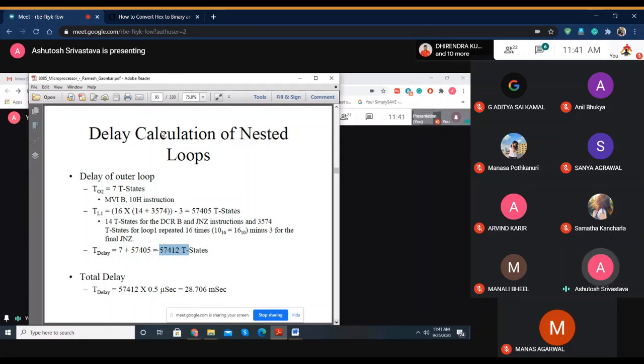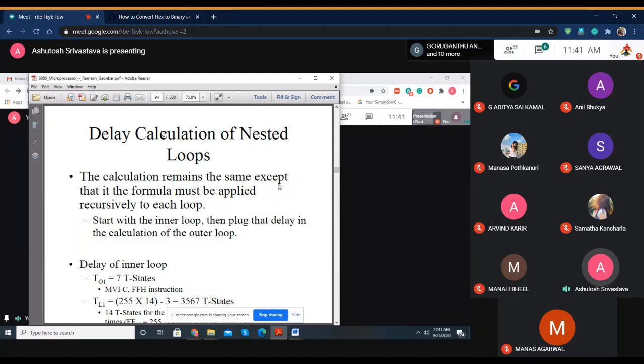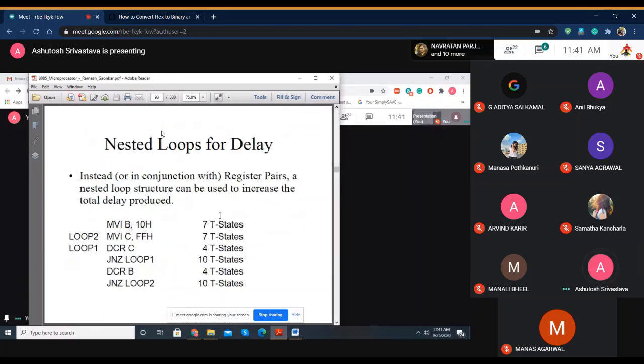So now if I change this value, let's make this 1F and let's make this AA. Calculate. Have you got the question? You're talking of the same nested loop.